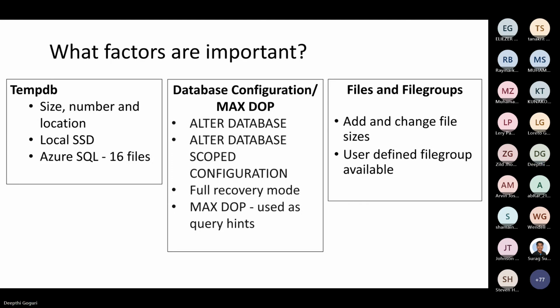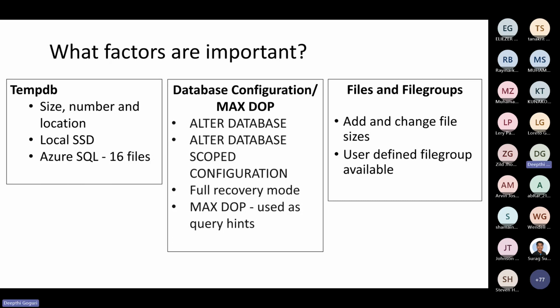And mainly, you can use MAXDOP, not just the way you use MAXDOP on on-prem servers. But the thing is, you have something known as Query Store, which we are going to discuss. That is one of the best features I can say that is currently available in SQL Server.